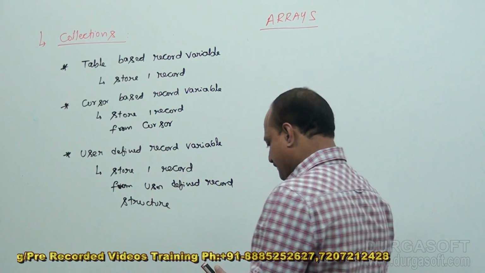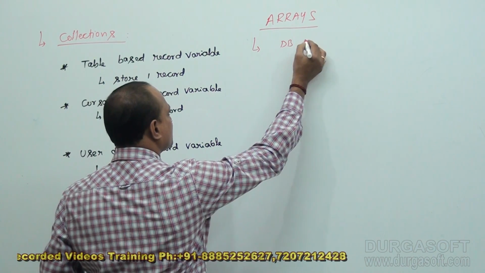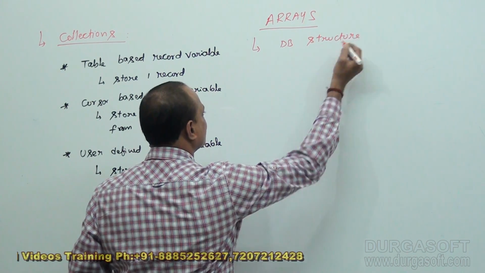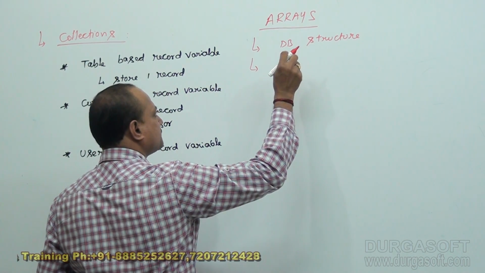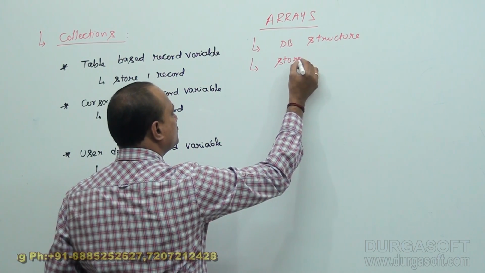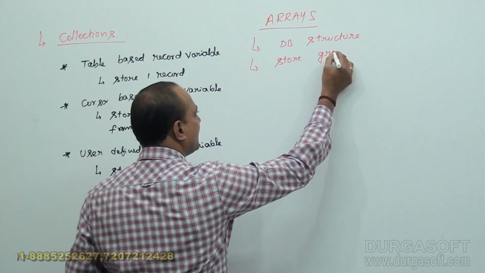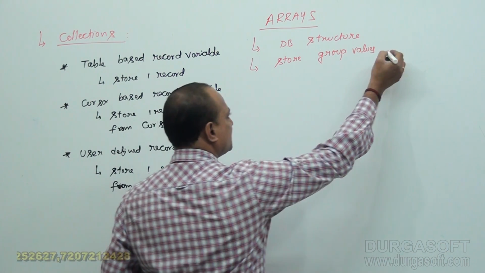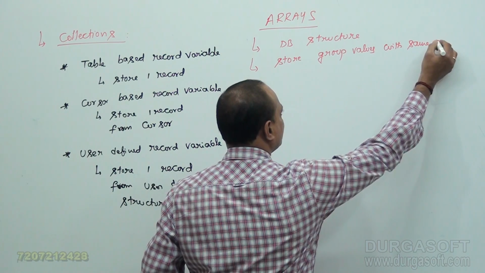What is an array? An array is a database structure. What is the purpose of this? It is used to store a group of values with the same data type.